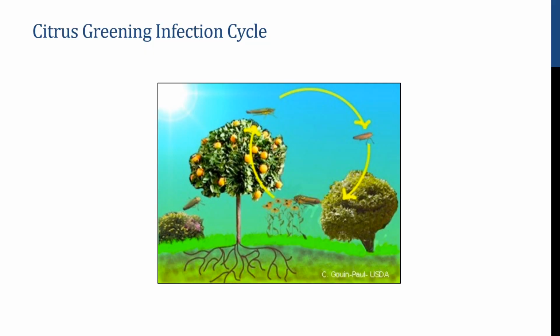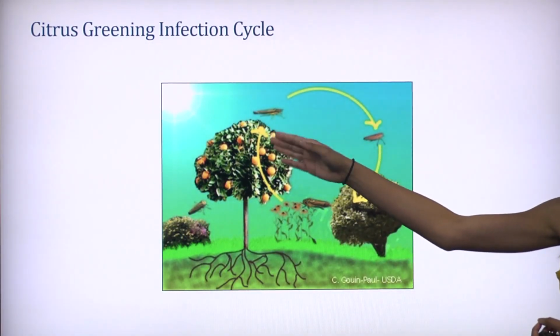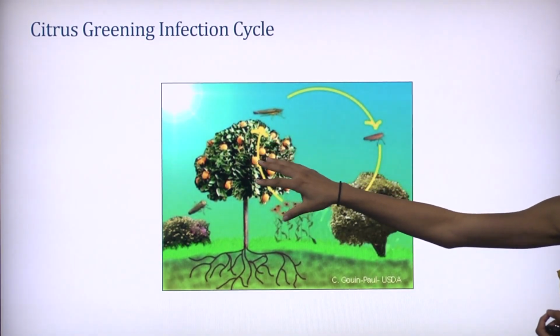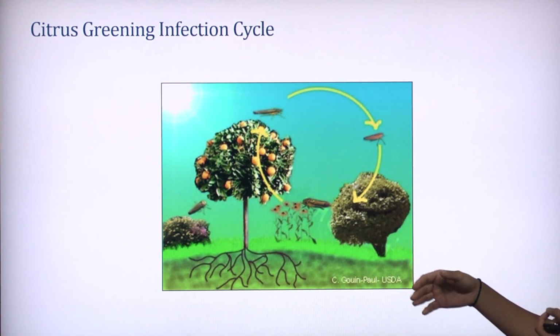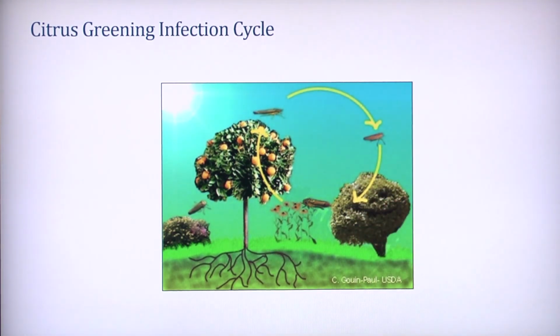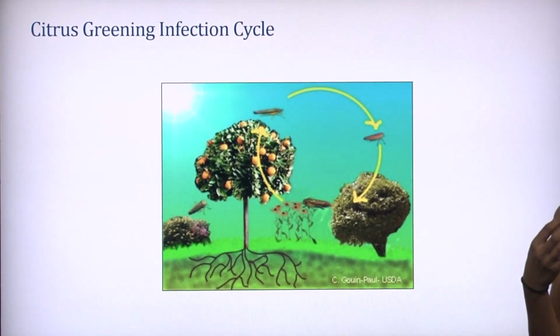So the citrus greening infection cycle is very fascinating because the hosts are so different. One is an insect host which basically acts as a vector or a carrier from an infected tree to a fresh tree, and the other is the plant host which has a completely different physiology, and the bacterium resides within the cells of the plant tissue.